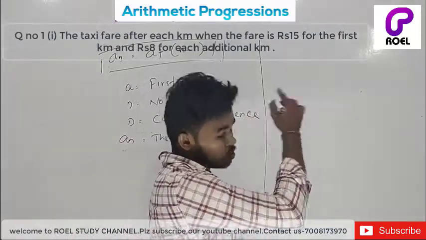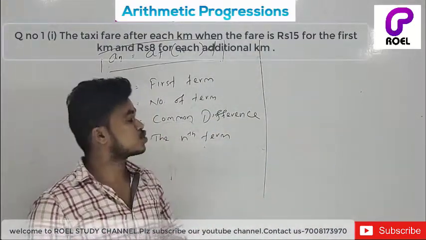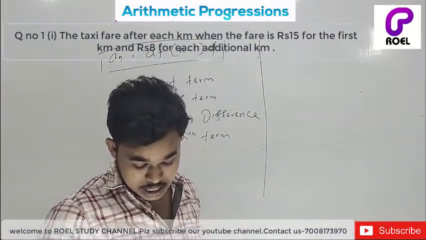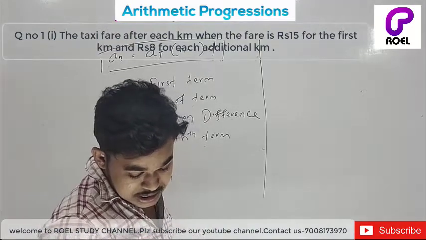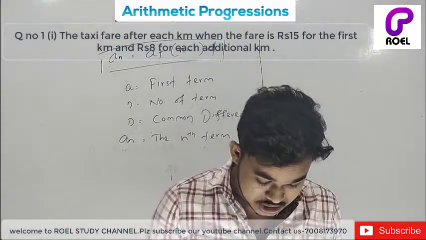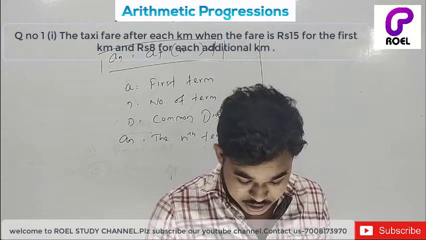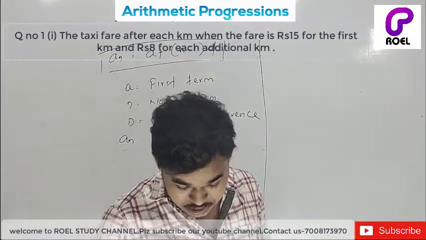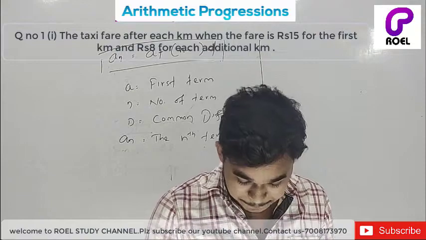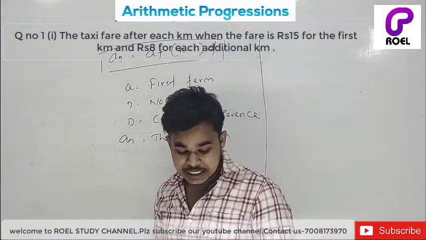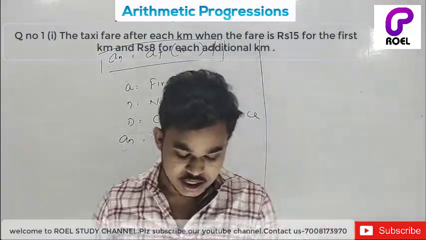So here you can see the question. Okay, I am reading the question. The taxi fare after each kilometer, when the fare is 15 rupees for the first kilometer and rupees 8 for each additional kilometer.